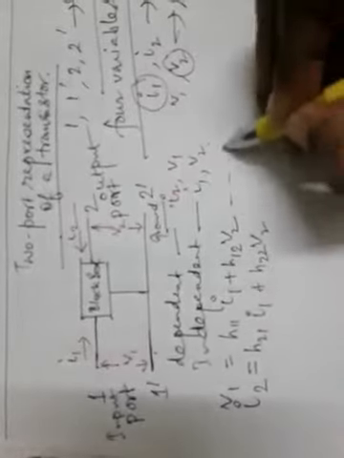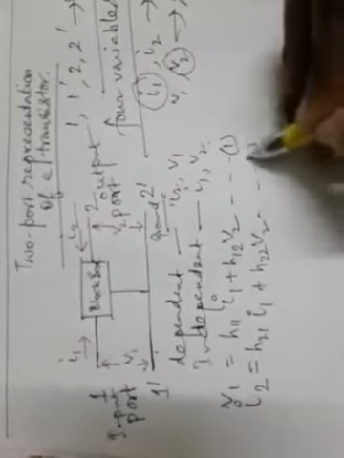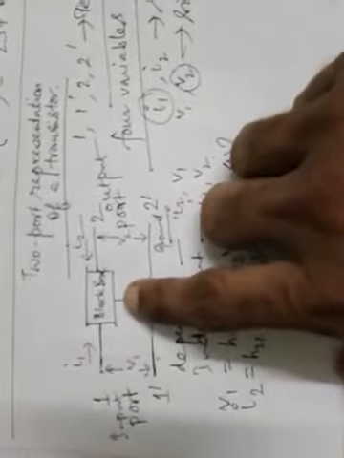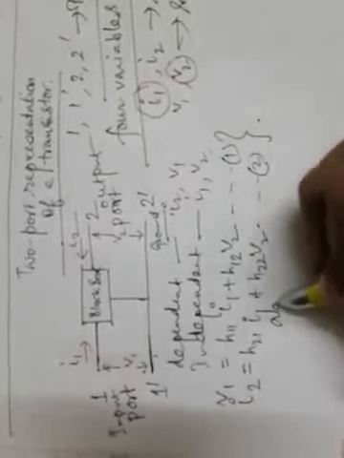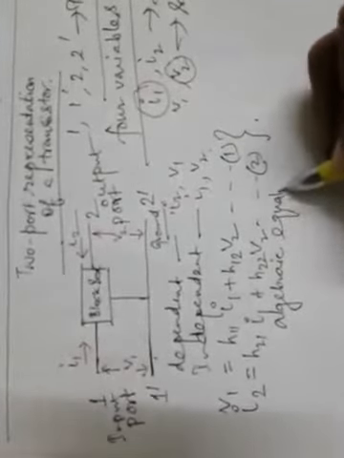So this is one equation, this is another equation. So this is a pair of equations which is depicting the representation of this transistor in the form of a black box as a two-port form. So you can say these are algebraic equations.